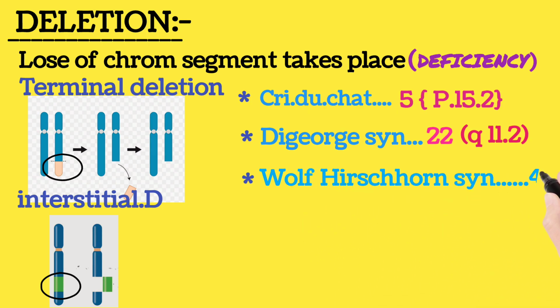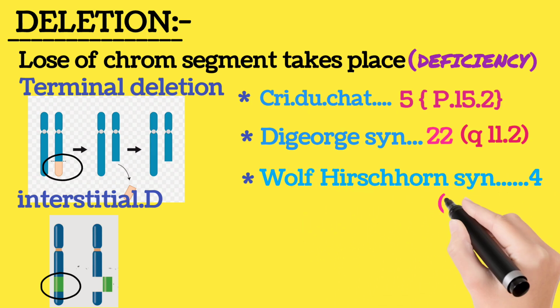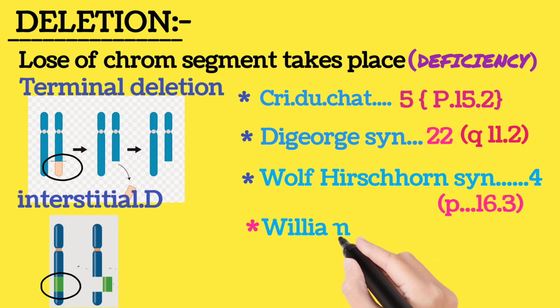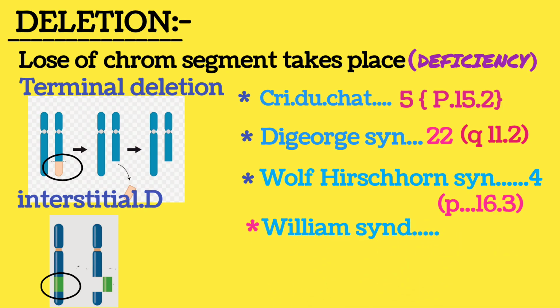We have Wolf-Hirschhorn syndrome. It occurs due to deletion in chromosome 4 at the p-arm, 16.3 region. These persons have seizures, small jaw, high forehead. We have one more syndrome called Williams syndrome. It occurs due to deletion in chromosome number 7 at the q11.23 region.